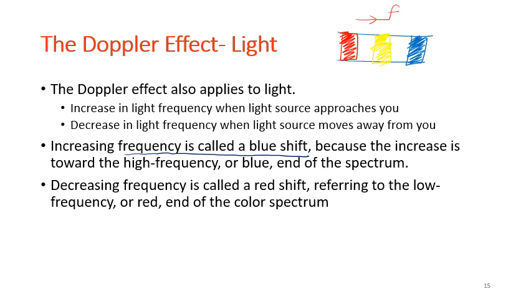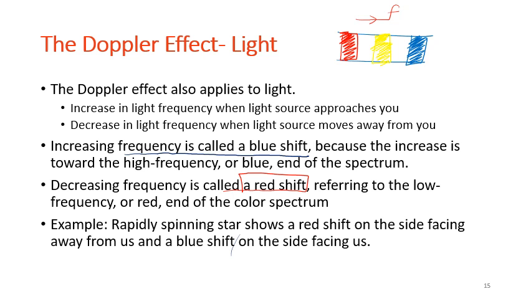And if a star is moving away from us, usually we call this a red shift, and you can see this as a little bit of reddish color. So this is the Doppler effect on light, and this is another example on stars.